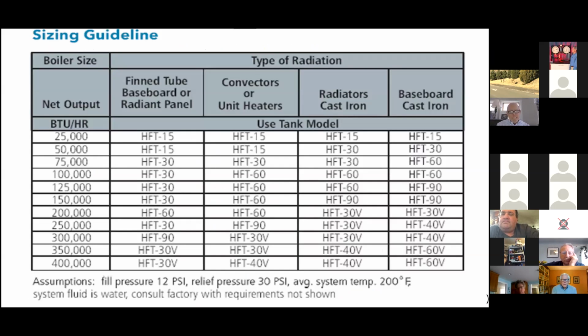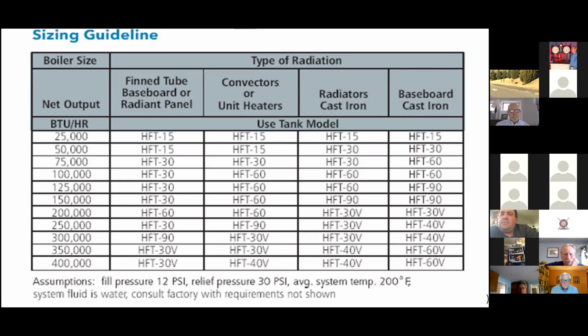Over the years, the industry has come to think it's based on BTUs. All the manufacturers, Amtrol, B&G, etc., provide these sizing charts, and they start with a column on the far left-hand side saying BTUs. But as you look at it, you quickly say, wait a minute.